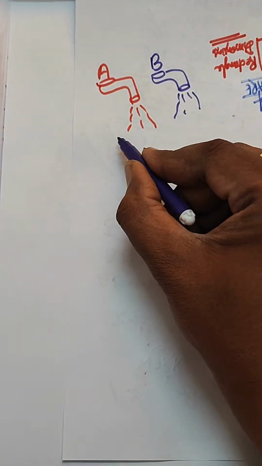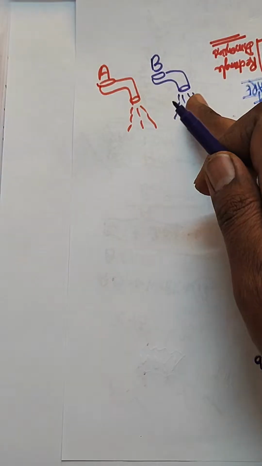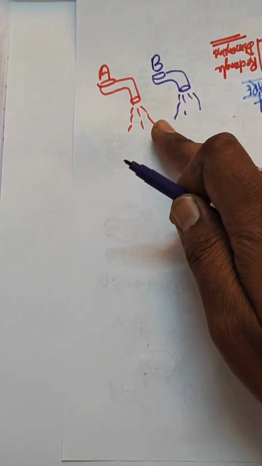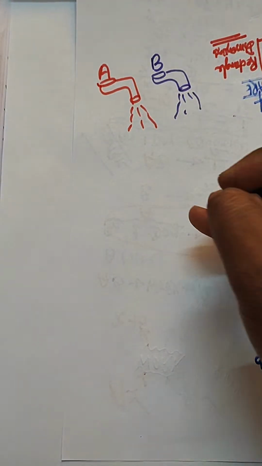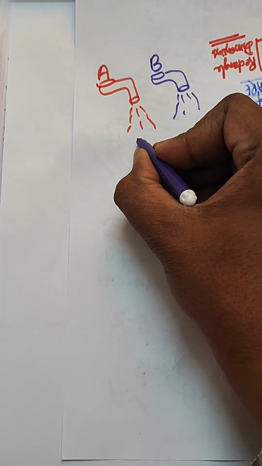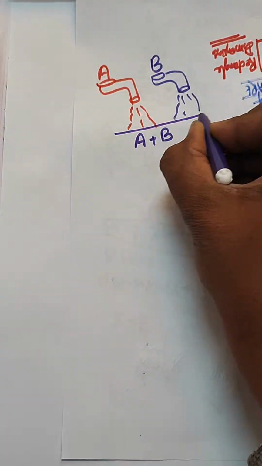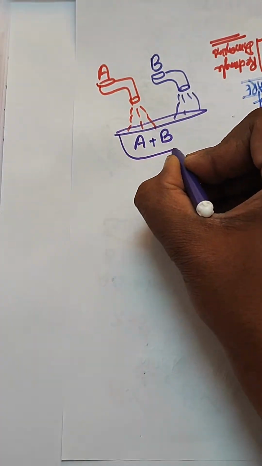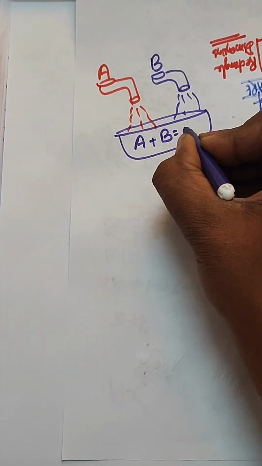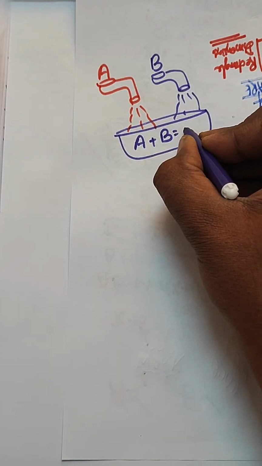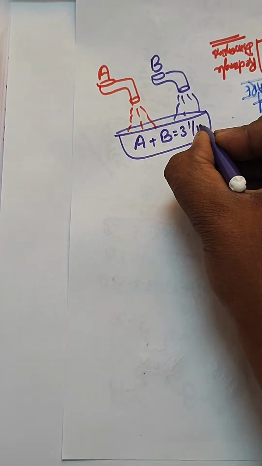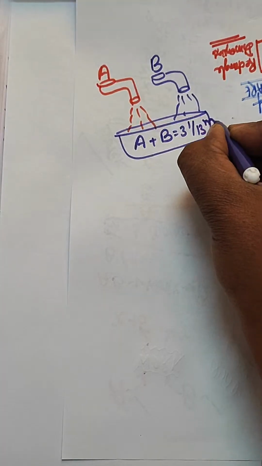So a cistern is there and two pipes running together can fill the cistern in 3 1/13 minutes. That means A plus B working together can fill this cistern in how much time? In 3 1/13 minutes, right?